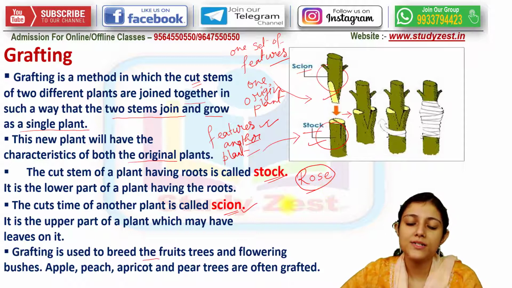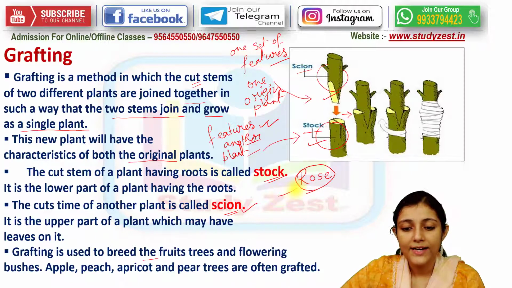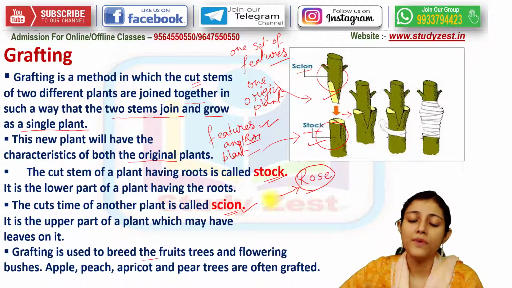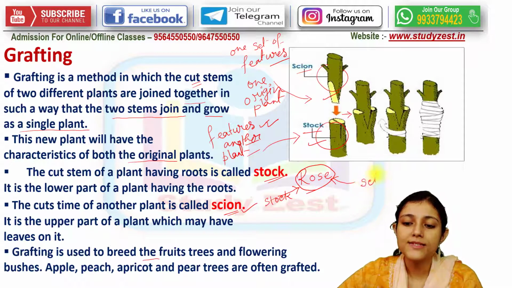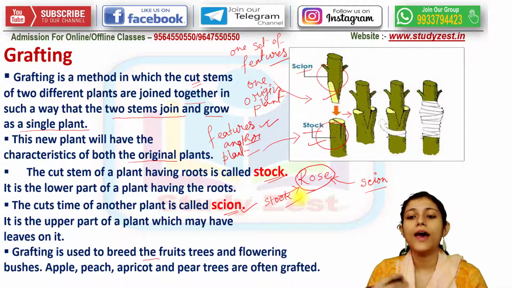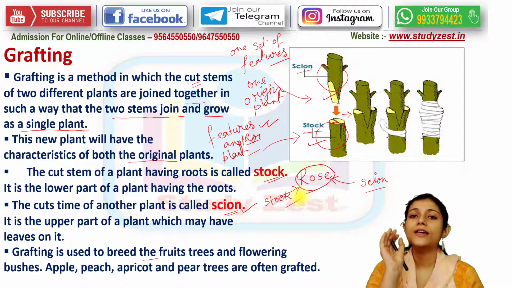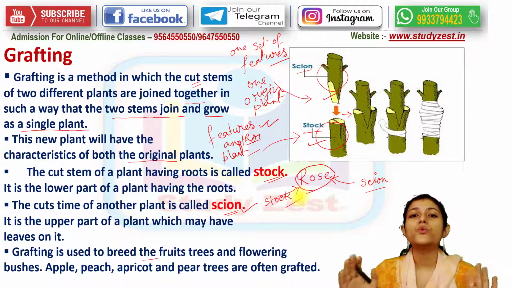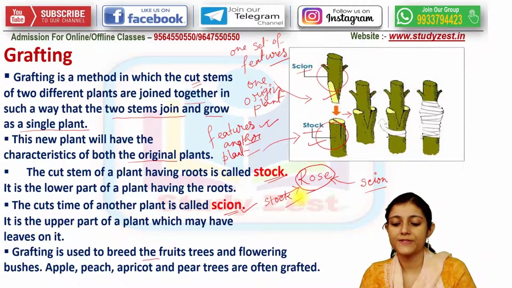In a rose plant, the stalk is taken from one plant and the scion, or the shoot part, is taken from another plant, and then they undergo this process of grafting. It has gradually been shown that this successfully gives rise to a new rose plant.